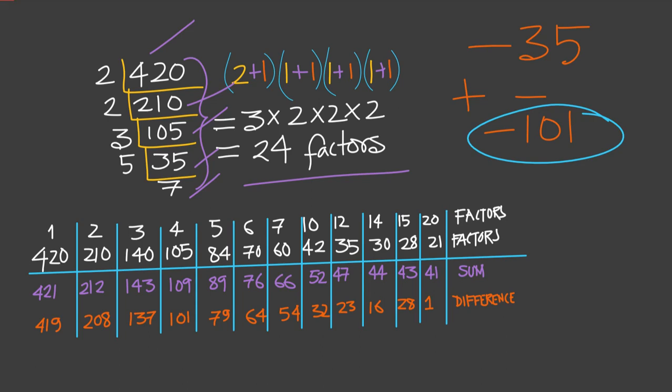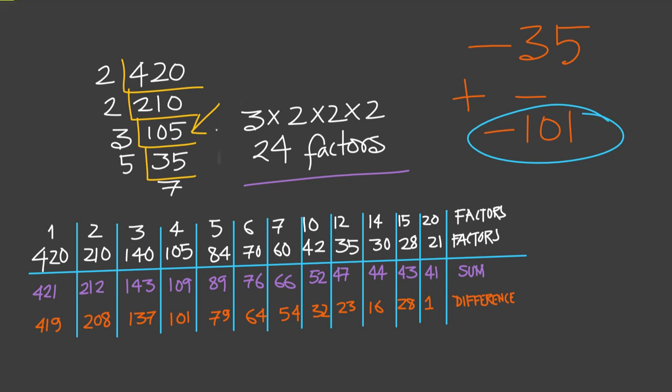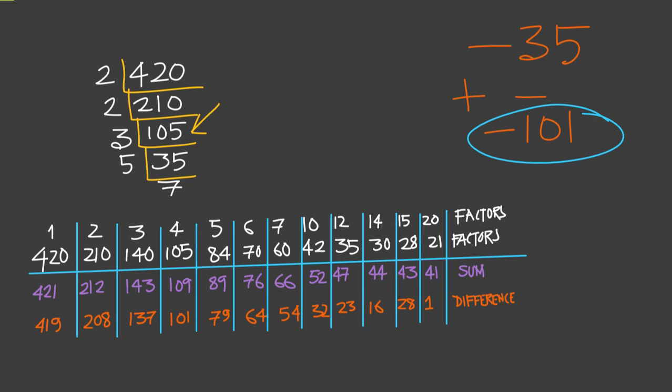For example, you have this 101 which is close to 105, right? So you have 105 which is very close to 101. So you need to consider in which step it occurs. 105 occurs in this step.